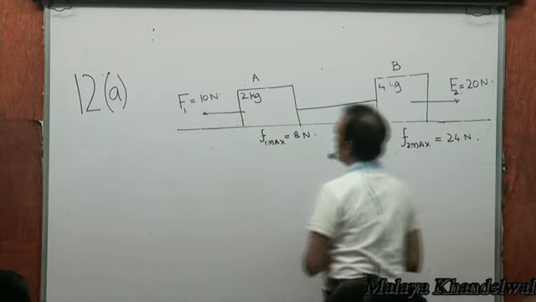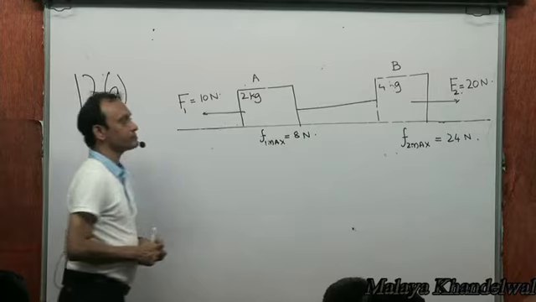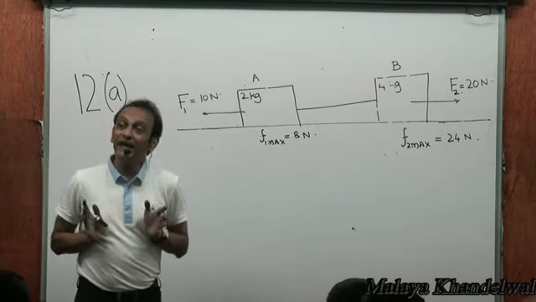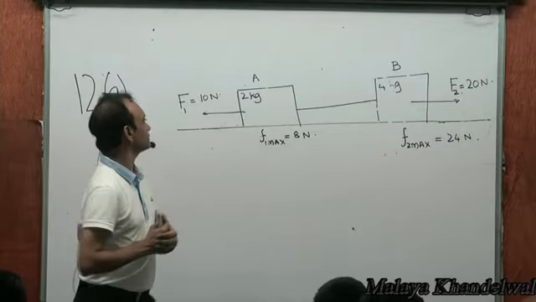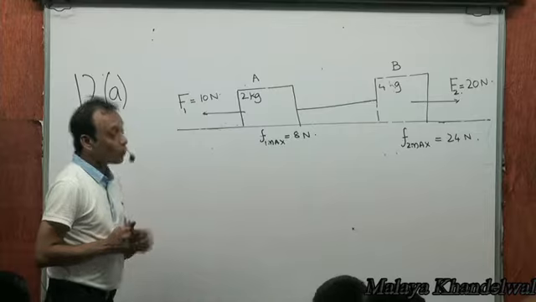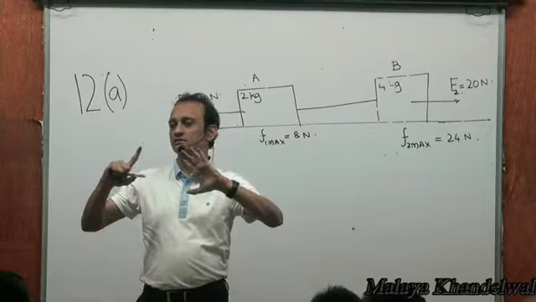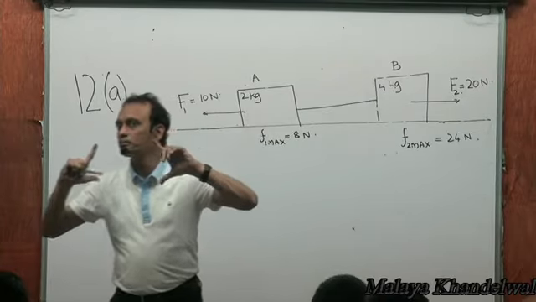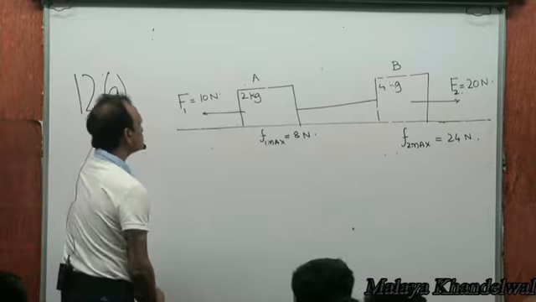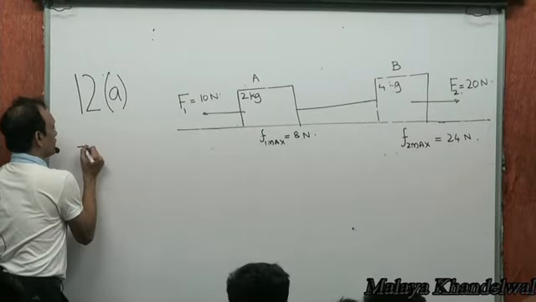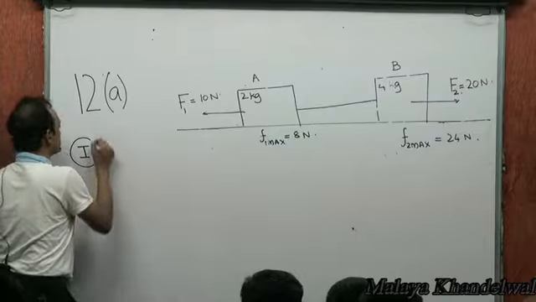Now, so for sure, A and B remain static. What are the various possibilities? There are only two possibilities.